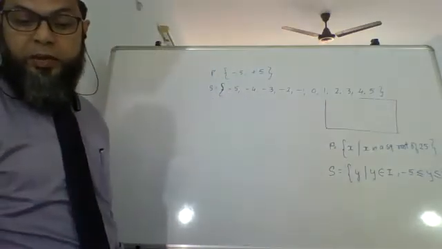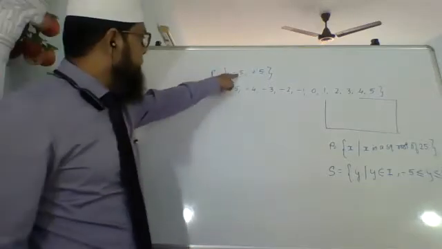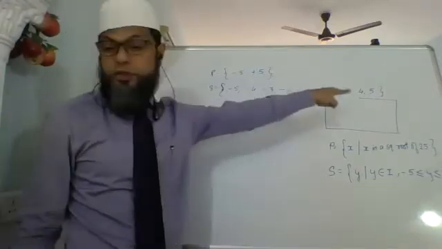So we have now two sets, P and S. Let's see, P has -5 here, +5 is also there.